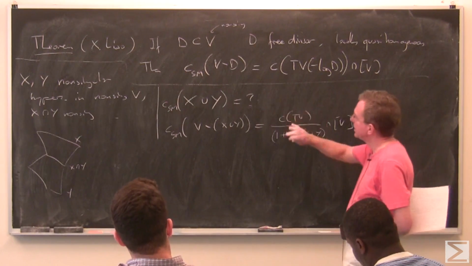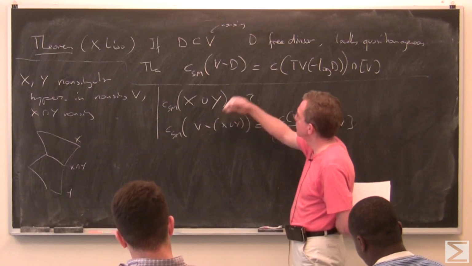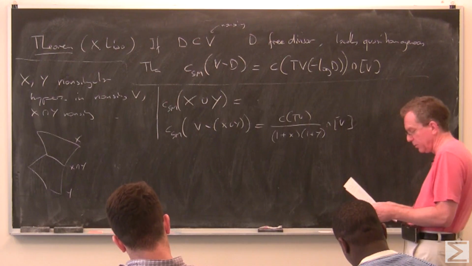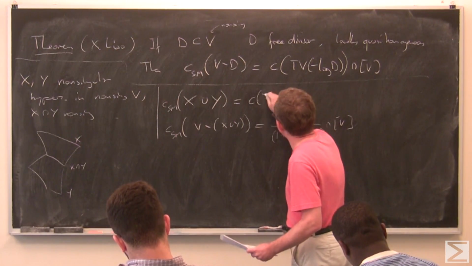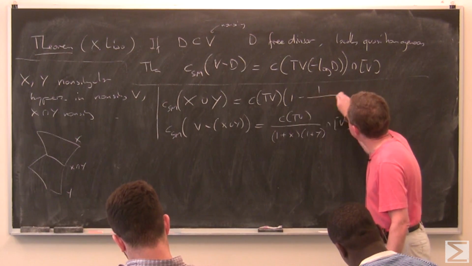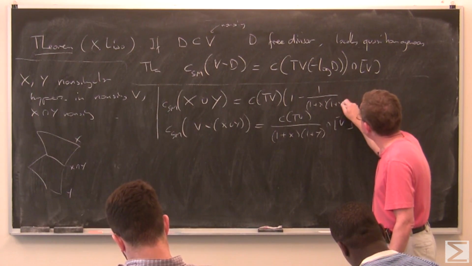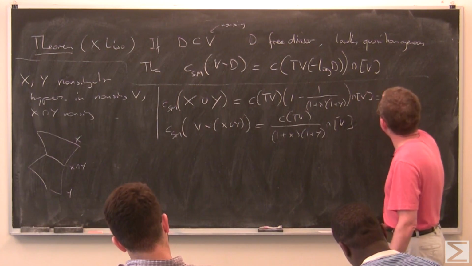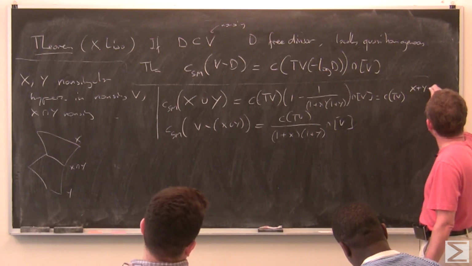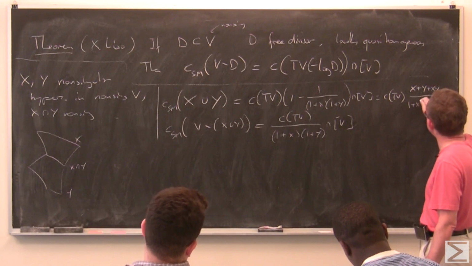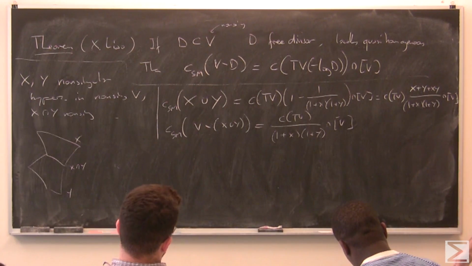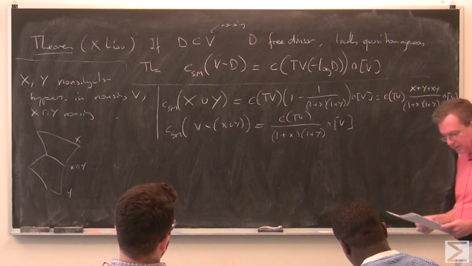Okay, so again, I'm being particularly sloppy, so this will end up in the Chow group of V, instead of the Chow group of X union Y, where it should, but this is the result. Just need to take 1 minus 1 over (1+X)(1+Y), and this is something. I believe you get (X+Y+XY) over (1+X)(1+Y). By now you know I like this kind of mindless computations.